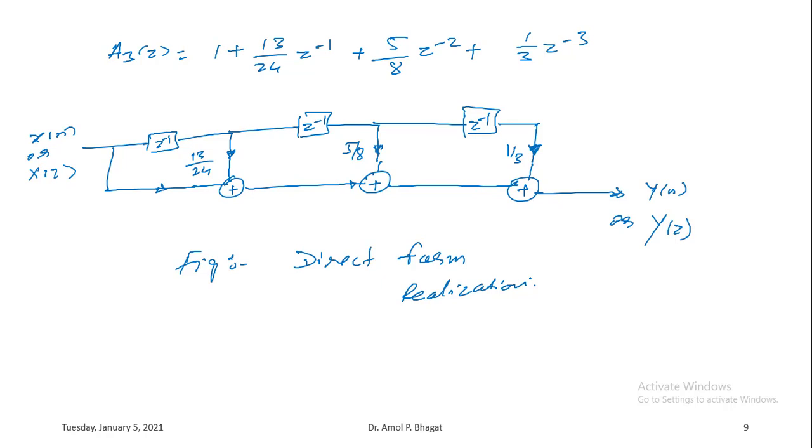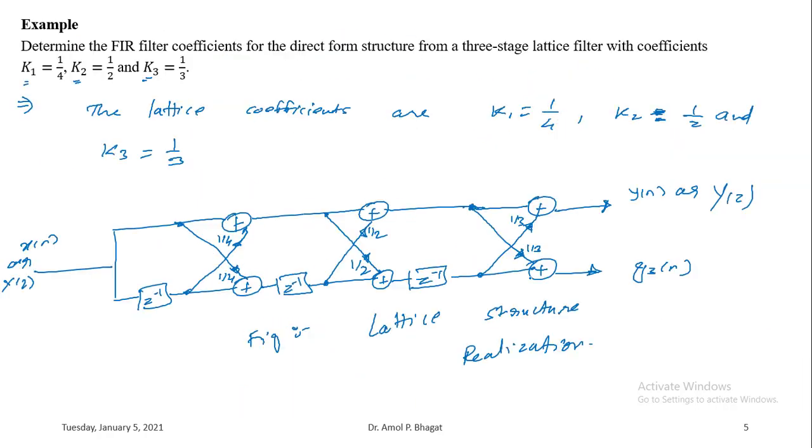So in this example, what has been asked is to determine the FIR filter coefficients for the direct form structure from this lattice structure coefficients. There is no need to draw this lattice structure diagram; it has been drawn only for your understanding.